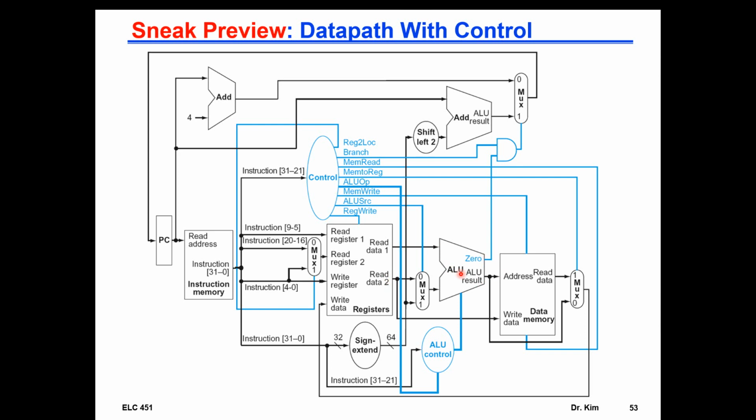Sometimes the second input of the ALU comes from a second register, but sometimes it comes from an immediate field. An immediate field has to be extended because the data path is 64 bits, so it has to be sign extended.